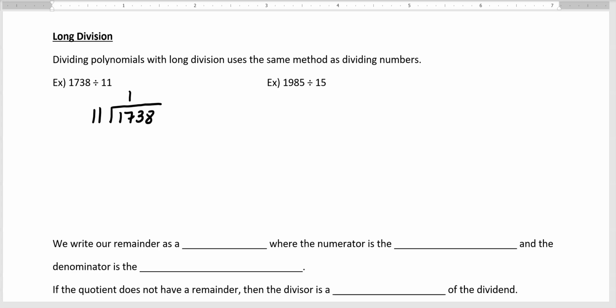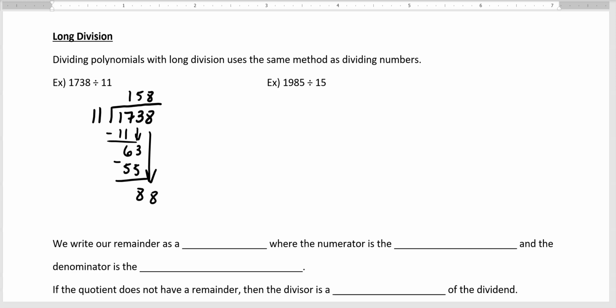Well, one time. So 1 times 11 is 11. I subtract. I get 6, and I bring down the 3. How many times does 11 go into 63? 5 times. 5 times 11 is 55. I subtract, bring down the 8. How many times does 11 go into 88? 8 times. And we see here then that 158 and 11 are both factors of 1738.